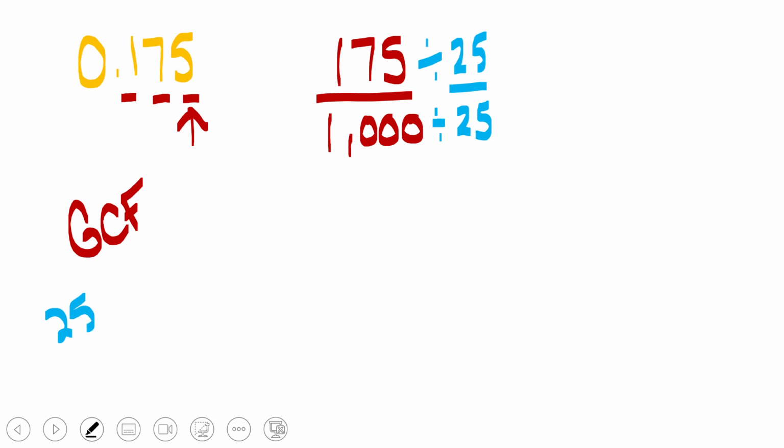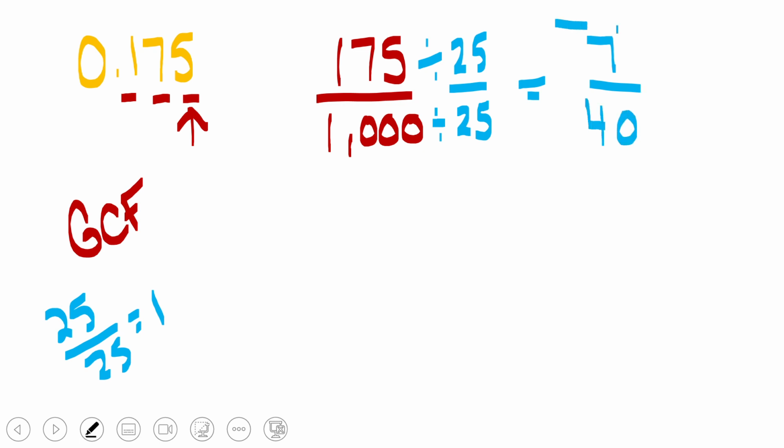Also remember 25 over 25 equals 1, so we're multiplying by 1 for the whole fraction. We're not changing the value of the fraction. 175 divided by 25 is 7. 1,000 divided by 25 is 40. And this is a rational form reduced all the way from the original given decimal.